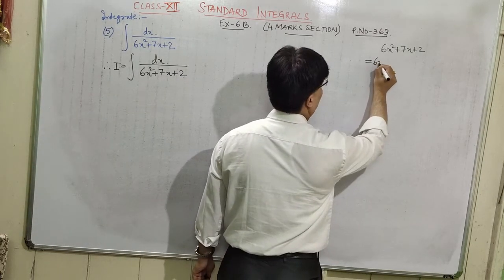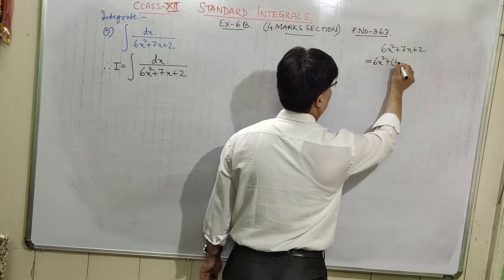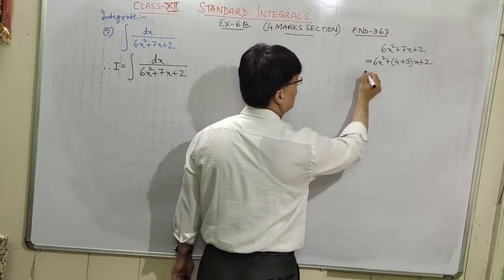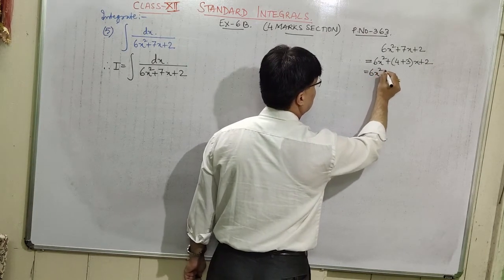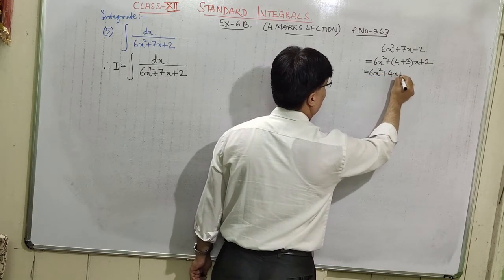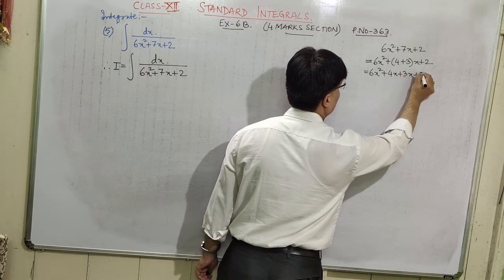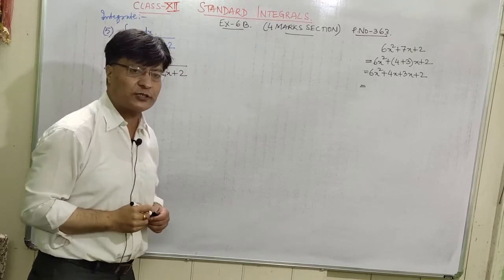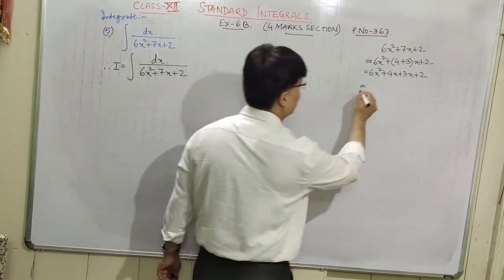So let us write here 6x square plus 4 plus 3 into x plus 2, which is equal to 6x square plus 4x plus 3x plus 2. Now what is common from the first two terms? It is 2x.